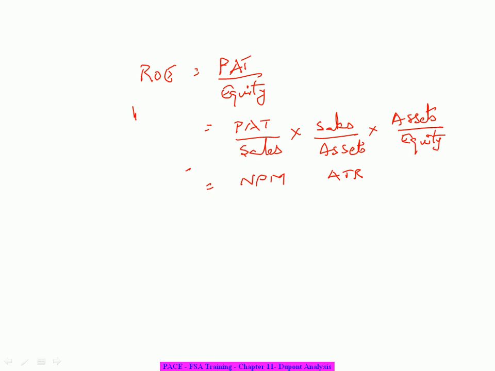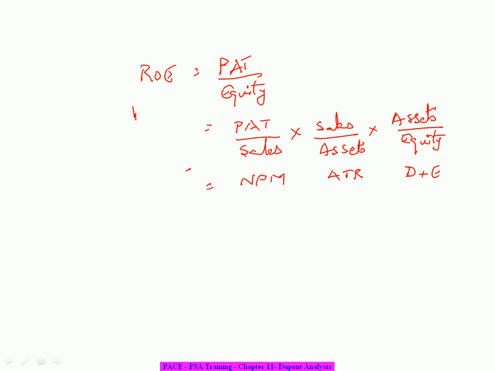And then total assets by total equity. Total assets will be equal to total liabilities, and total liabilities equal debt plus equity. So it talks about the percentage of equity as a proportion of total assets.